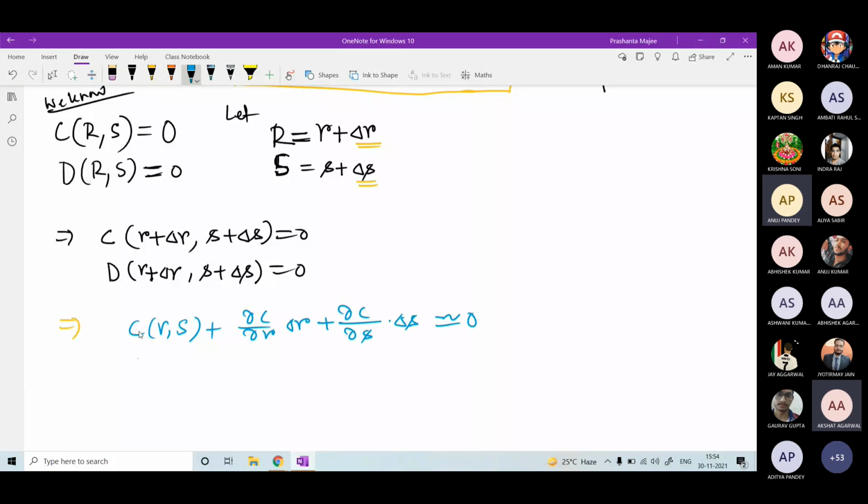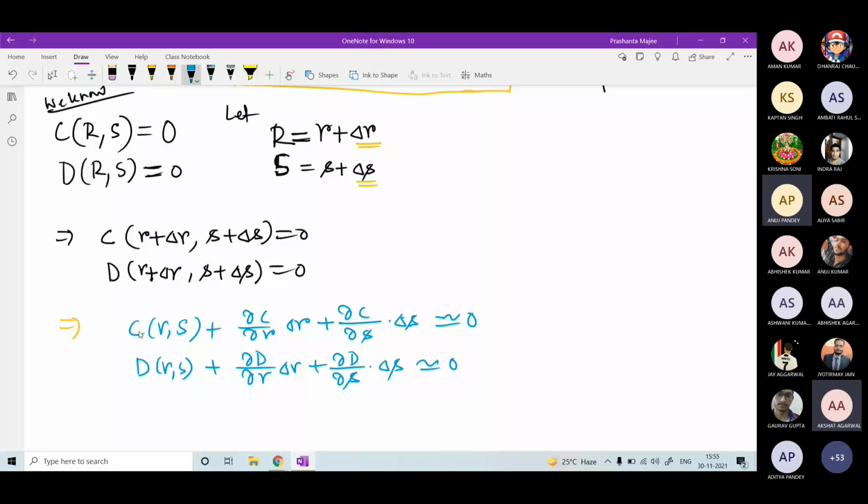And from the next equation you will get D of R comma S plus del D by del R into delta R plus del D by del S into delta S equals 0.